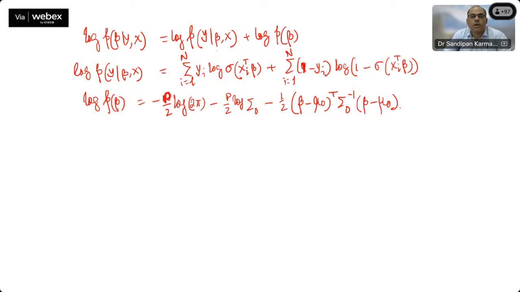Here it is p dimensional. This is a multivariate normal distribution, and you can relate it from yesterday's multivariate distribution.